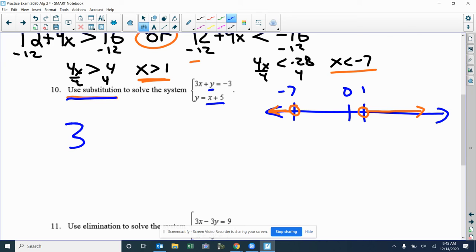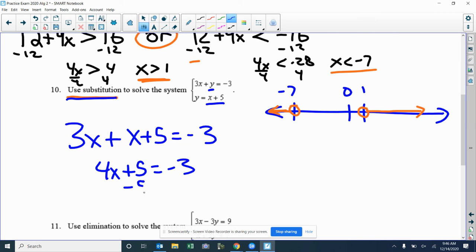So I'm going to have 3x plus x plus 5 equals -3. Put the x's together, I get 4x plus 5 equals -3. I'm going to subtract 5 and get 4x equals -8. Divide by 4, and x equals -2. So that's part of my solution.